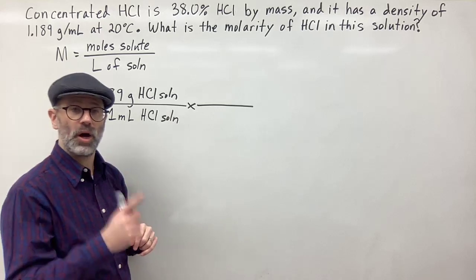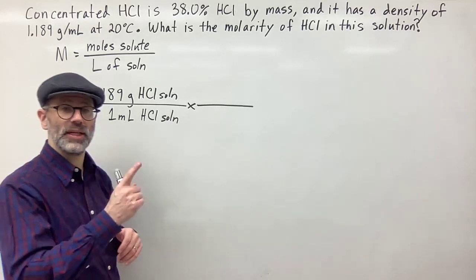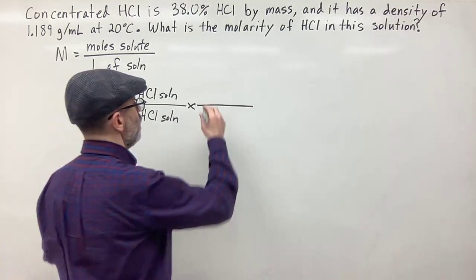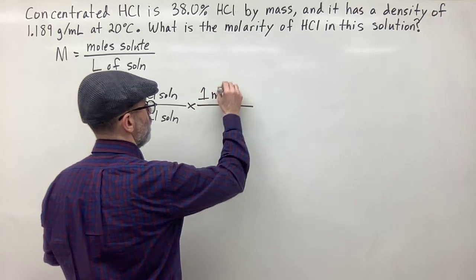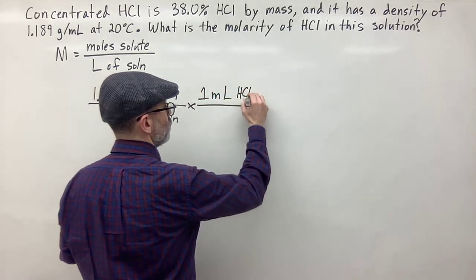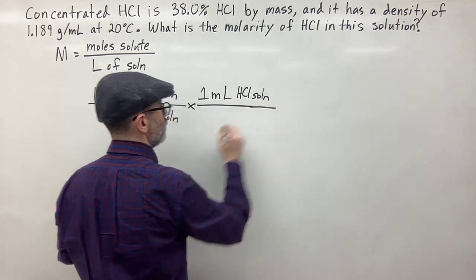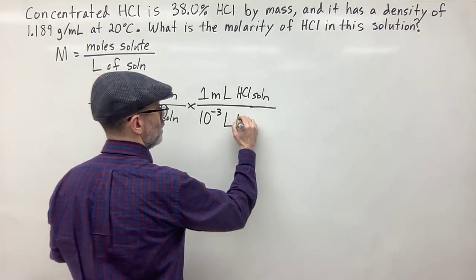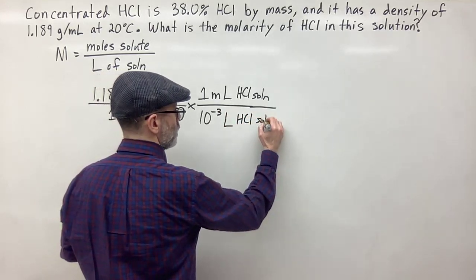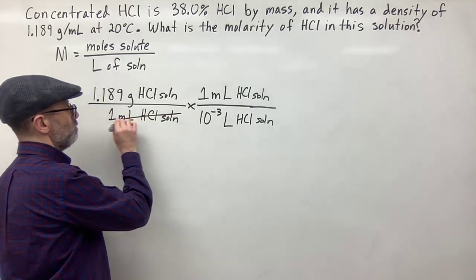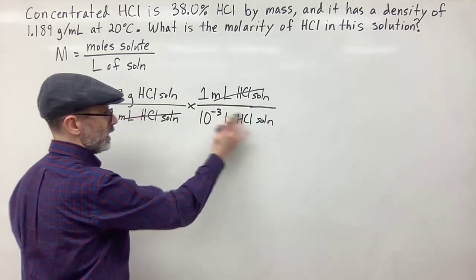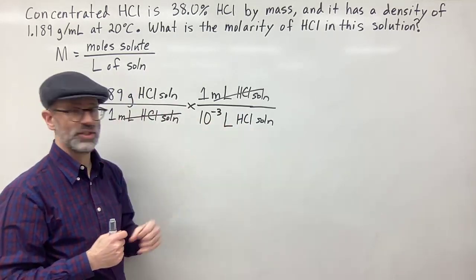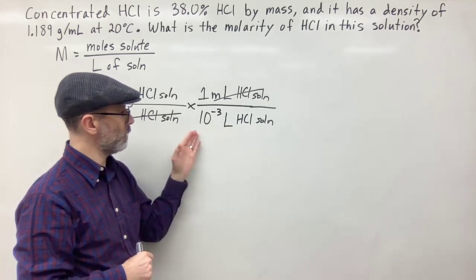I know that 1 milliliter is equal to 1/1000th of a liter, or 10 to the negative 3 liters. So I'm going to put 1 milliliter of the HCl solution on top, and in here I have 10 to the negative 3 liters of the HCl solution on the bottom. So now the milliliters will cancel out, and then I have liters on the bottom, which is what I want. I want liters of solution, so now I have liters of the HCl solution on the bottom. So I'm done with the bottom part.